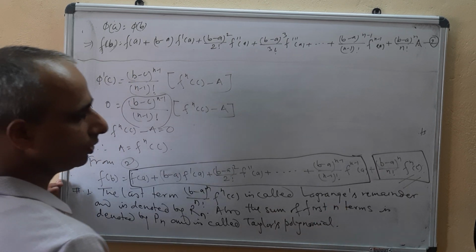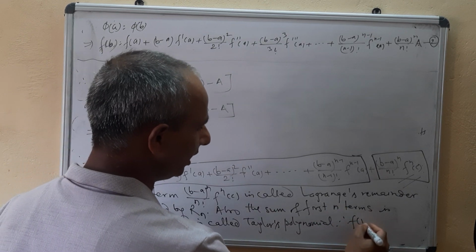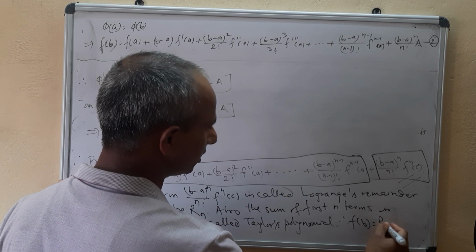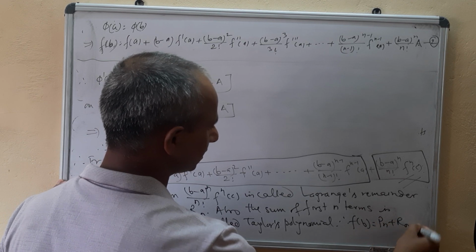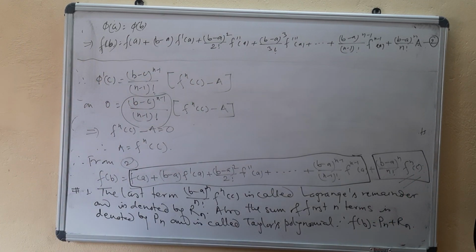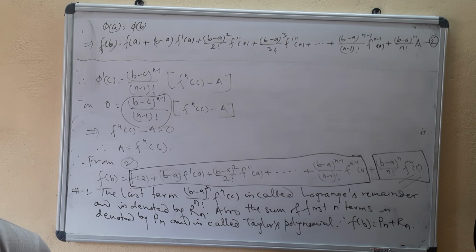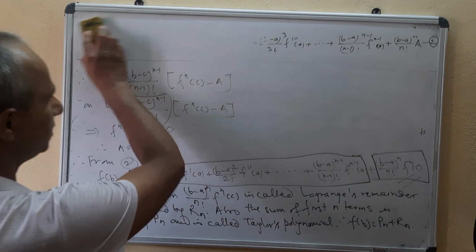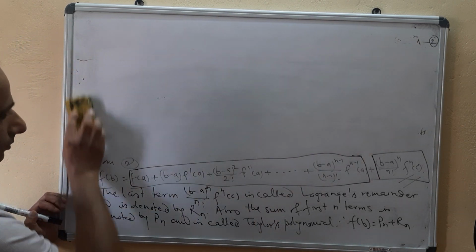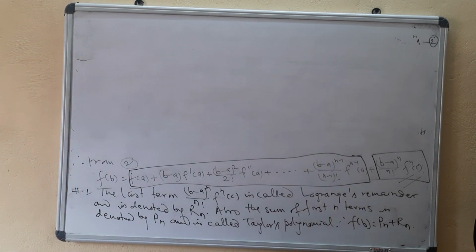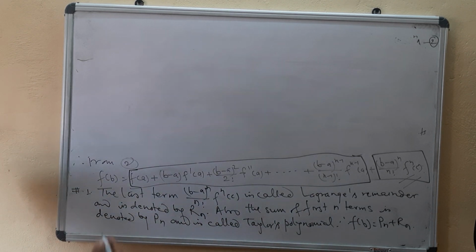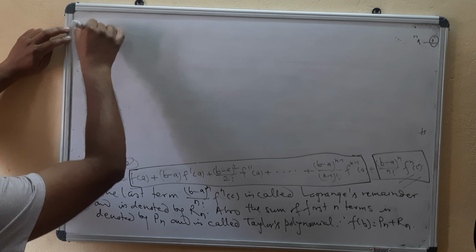Therefore, f of b can be written as Pn plus Rn, isn't it? And similarly, one important thing what Taylor's theorem tells us is that next one is number 2.